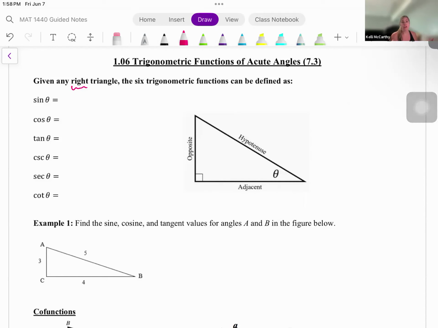When we're dealing with right triangle trigonometry, there's a really wonderful acronym to help us remember the formulas that we're about to give you. The acronym is SOHCAHTOA. And what this represents is sine is equal to opposite over hypotenuse.